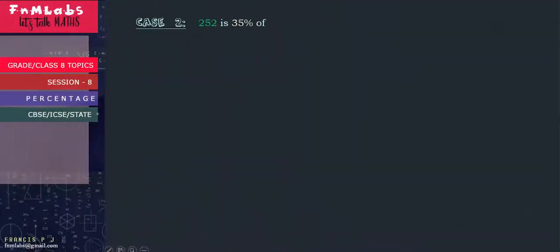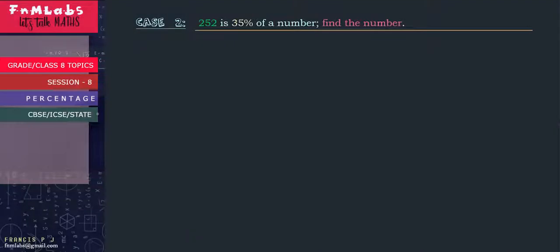Next we consider another case. 252 is 35% of a number. Find the number. We need to find the number which is unknown. So we assume the unknown number as x. Here we translate the statement to mathematical terms.